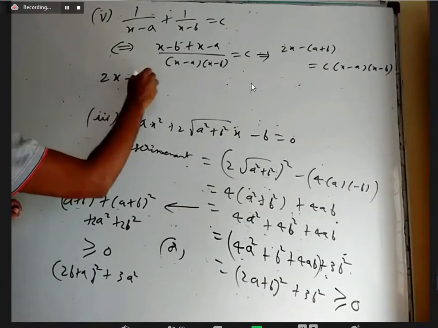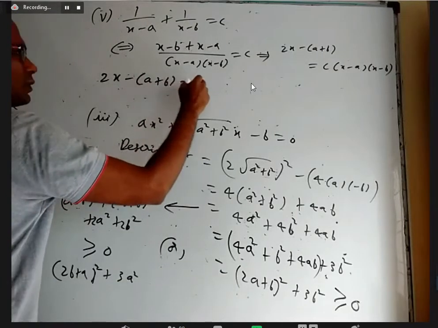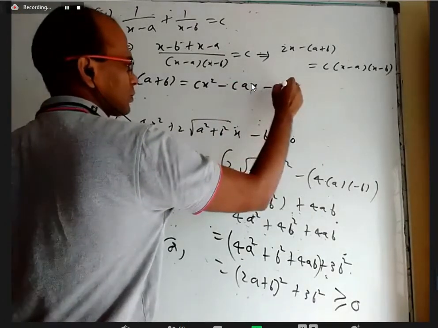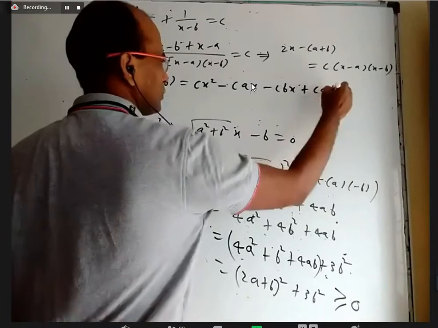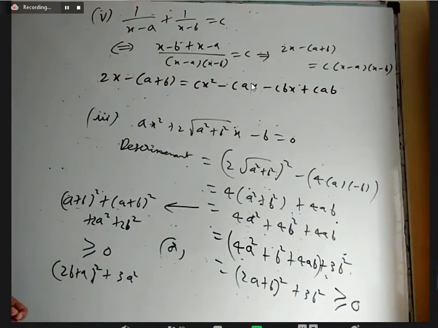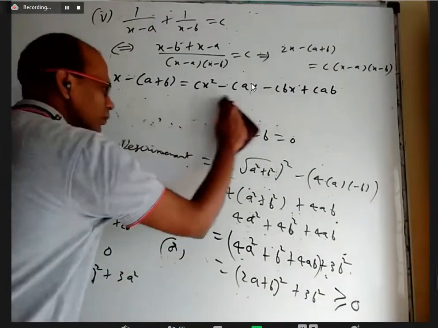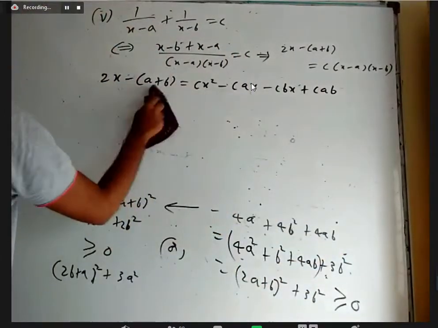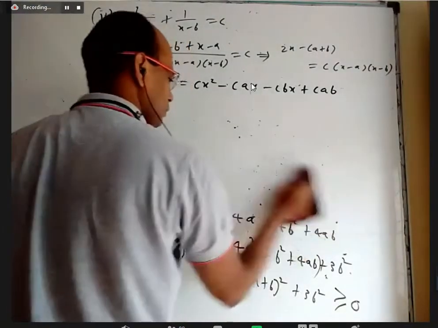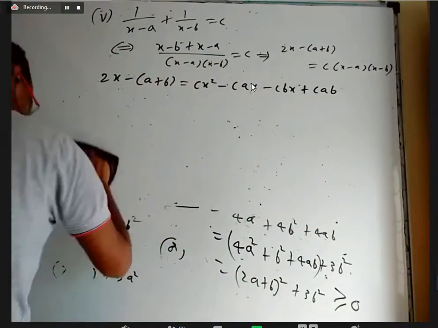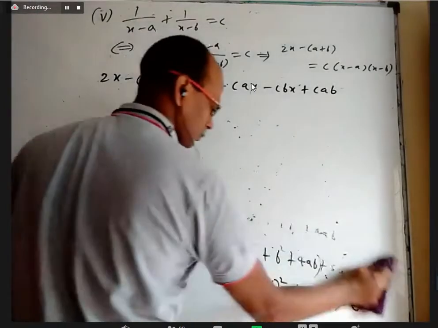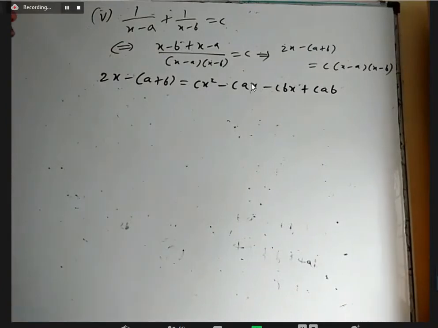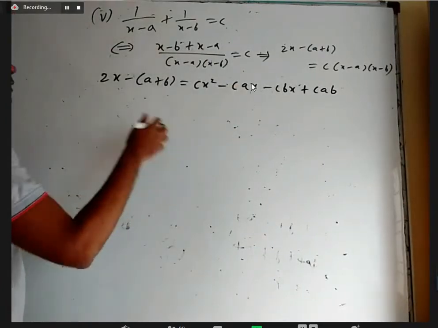So 2x minus a plus b, cx square minus ca x minus cb x plus cab. I have to bring everything to that side.